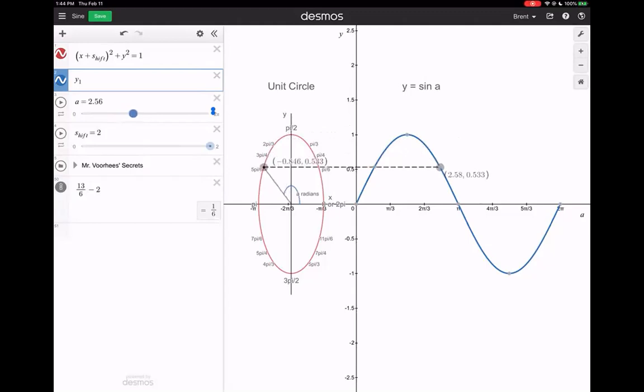Here's the reason: on the unit circle, sine is y. Remember, sine is y. And on the blue graph, we have y equals sine. So the values should always have the exact same height because the y values are sine on both of these. So notice as I go around the wave and the unit circle, they produce the same height.